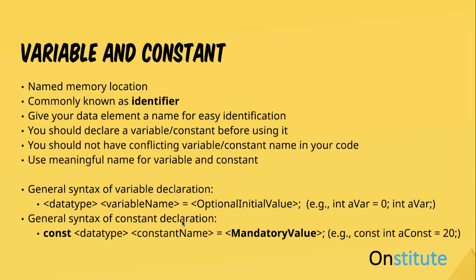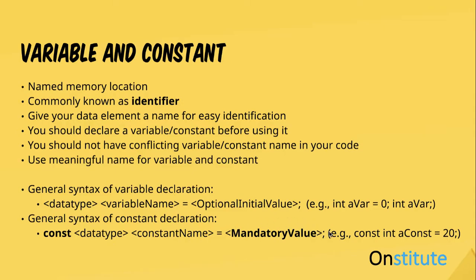The general syntax of constant declaration is almost similar to variable declaration, like it is also preceded by the data type, like which type of data it is going to store. However, at the beginning of the constant declaration, you must use the keyword const, C-O-N-S-T. And in the end, you must initialize the value of the constant.